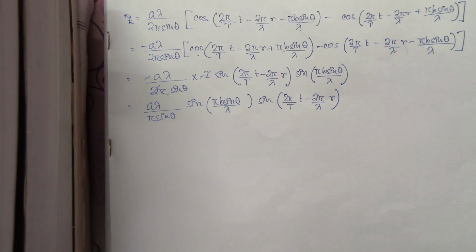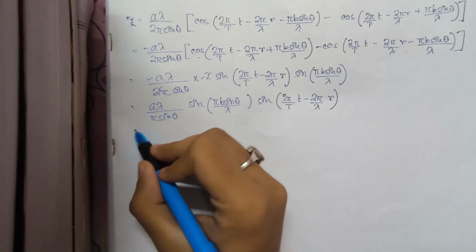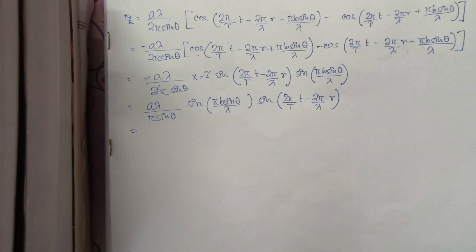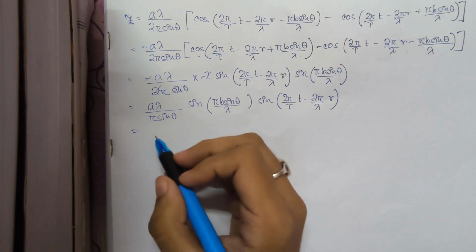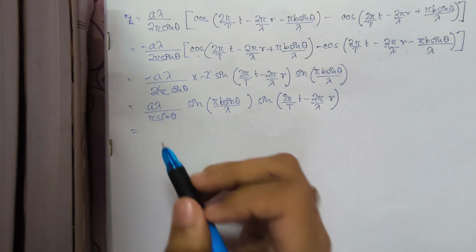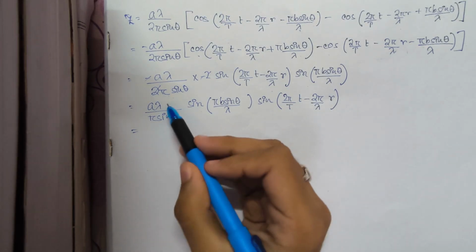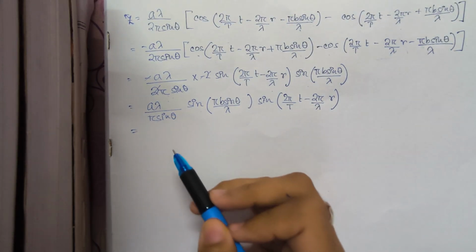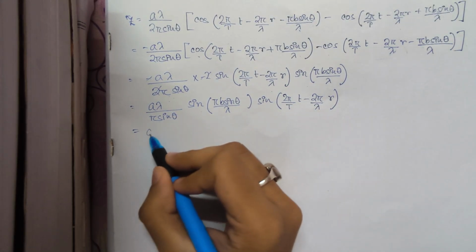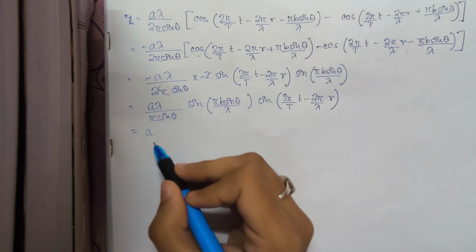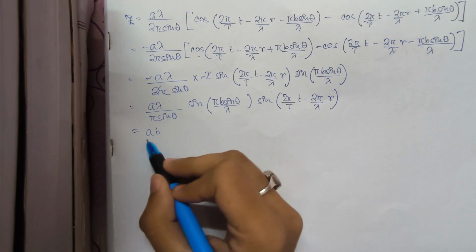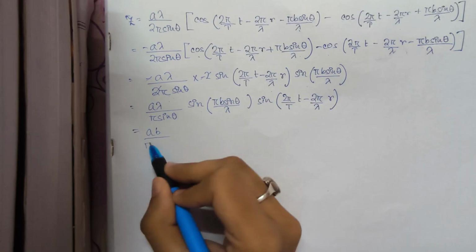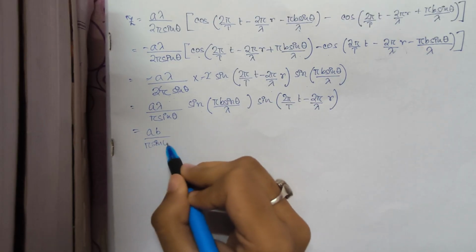So now we will generalize the formula. For generalization, first of all we will multiply with the slit width b in both numerator and denominator. That is a b by pi b sine theta by lambda.